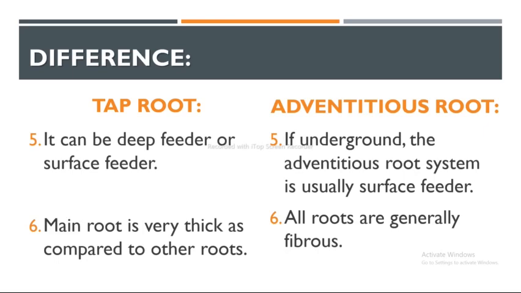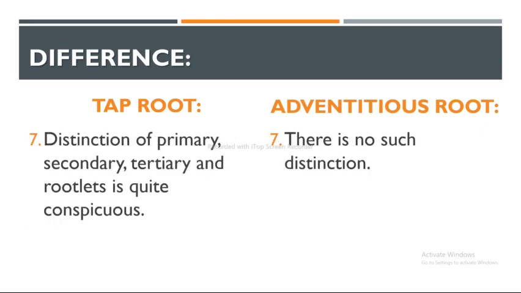Taproot, main root is very thick as compared to the other roots. Adventitious root, all roots are generally fibrous. Taproot, distinction of the primary, secondary, tertiary roots and rootlets is quite conspicuous. And adventitious root, there is no such distinction.